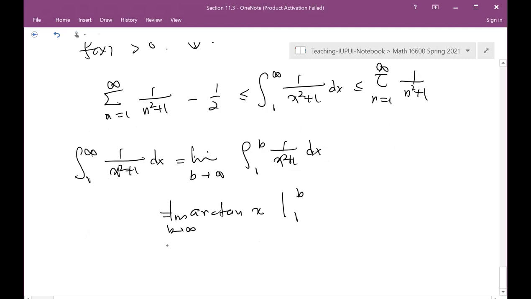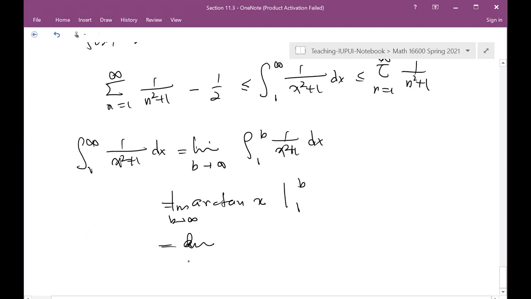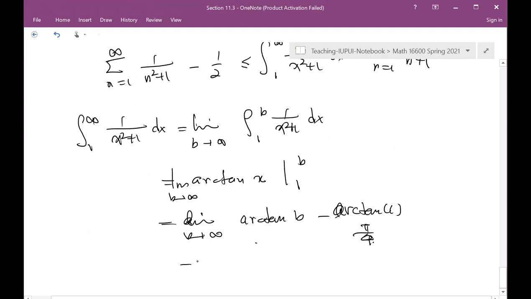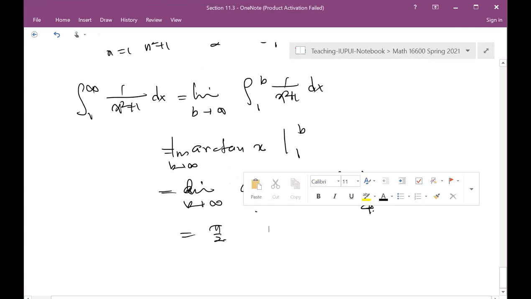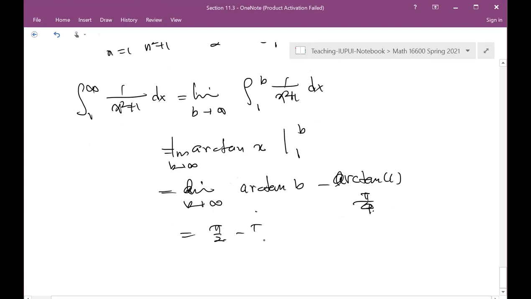So you will get arctangent b minus arctangent 1. Arctangent 1 is pi over 4, because tangent of pi over 4 is 1. And this one approaches pi over 2. So pi over 2 minus pi over 4 is pi over 4. Great.